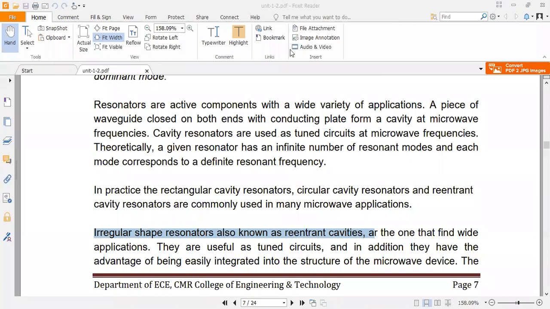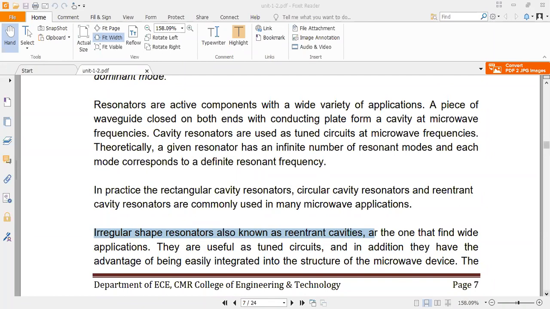Re-entrant cavities are irregularly shaped resonators. These also have a very wide range of applications. They are used in tuned circuits, microwave devices, amplifiers, like that. These are the basic points about cavity resonators.